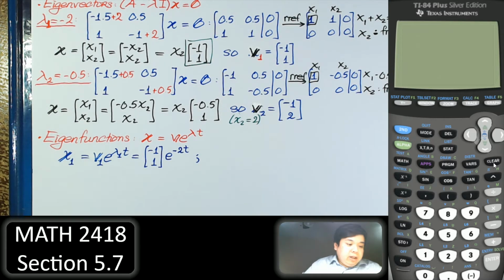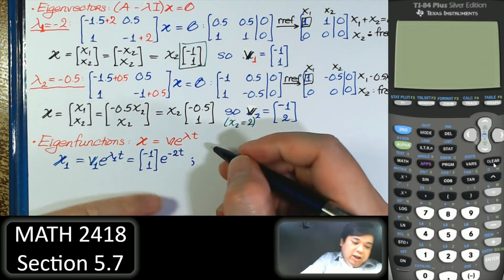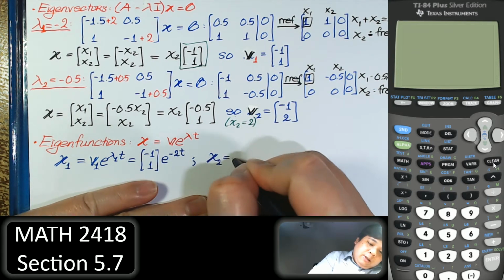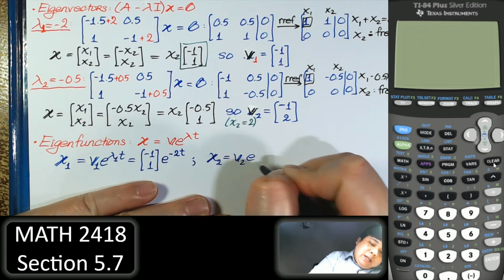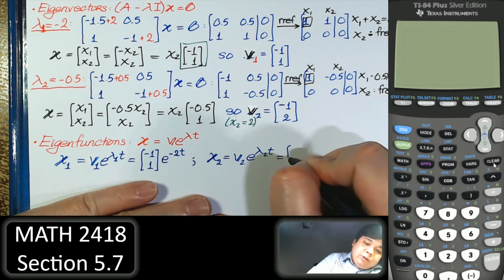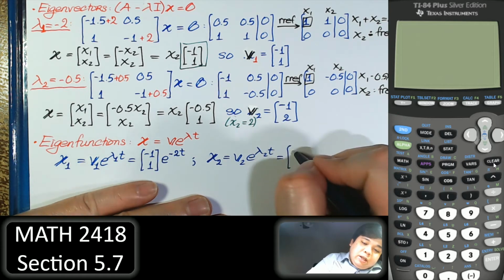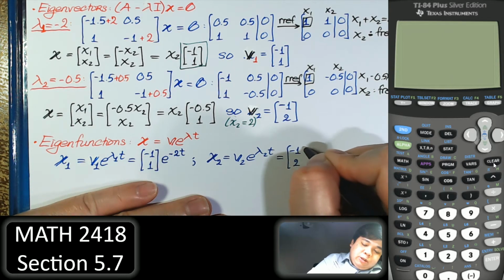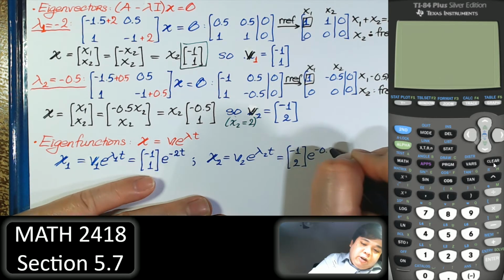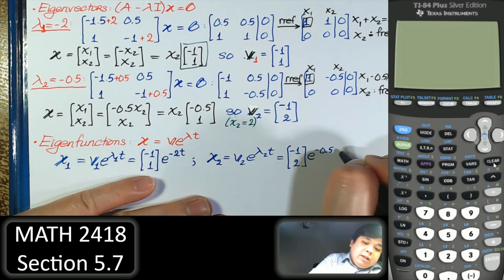That is x1, and now x2: v2 e to the lambda 2 t, where v2 is negative 1 and 2, and lambda 2 is negative 0.5, t.